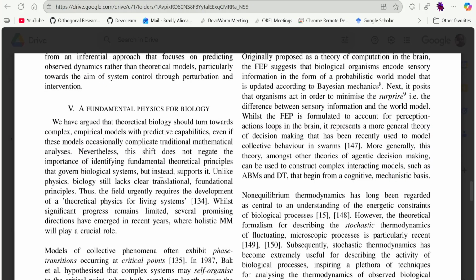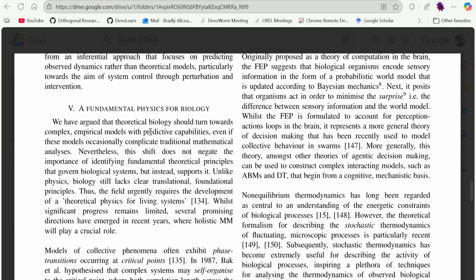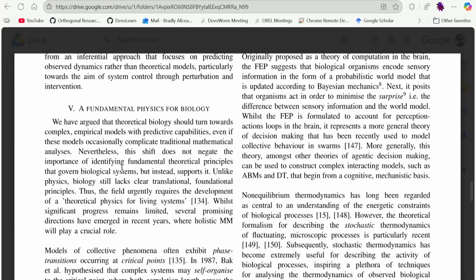I guess I'll address this aspect too, the fundamental physics for biology. We have argued that theoretical biology should turn towards complex empirical models with predictive capabilities, even if these models occasionally complicate traditional mathematical analyses. This shift does not negate the importance of identifying fundamental theoretical principles that govern biological systems, but instead acts to support that.